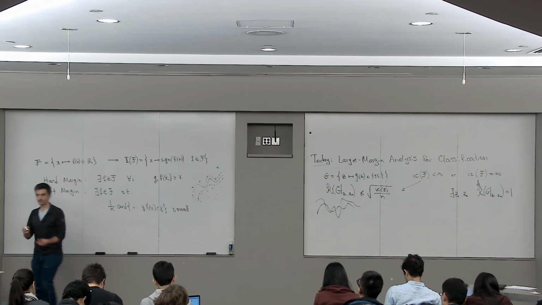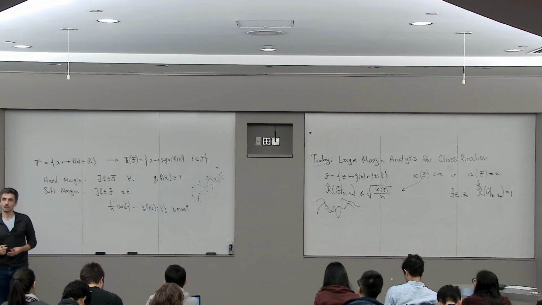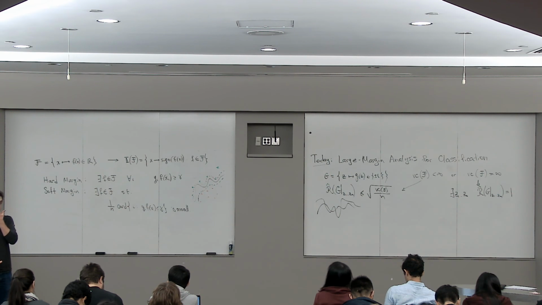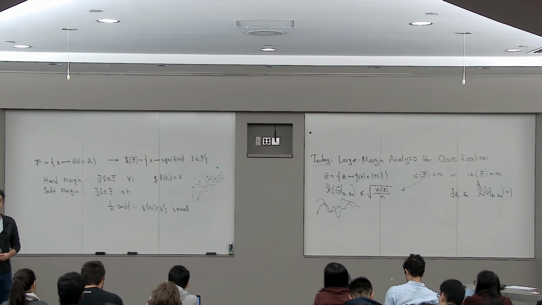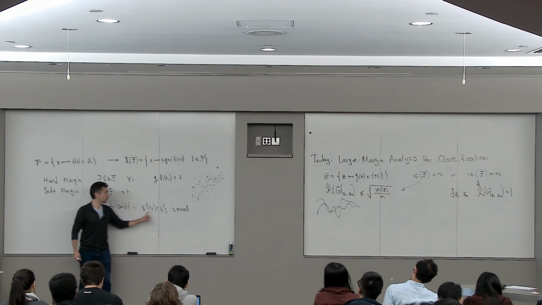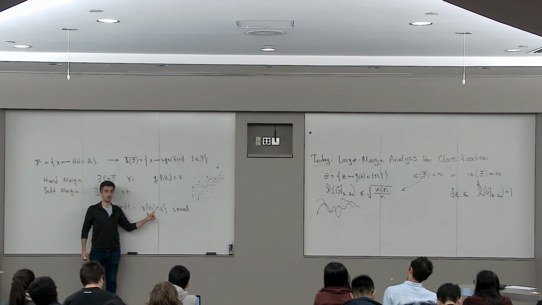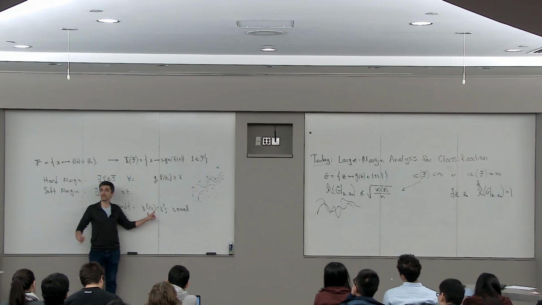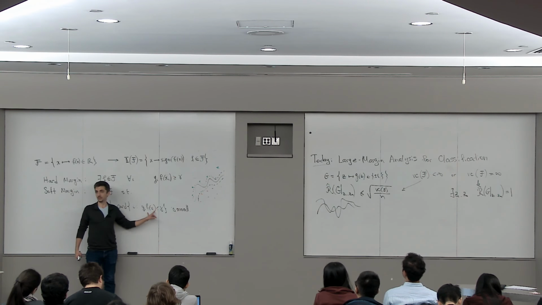Now this is something you can try to check in practice. You've trained your neural network. You look at how many data points were maybe correctly classified, but not quite correctly enough.